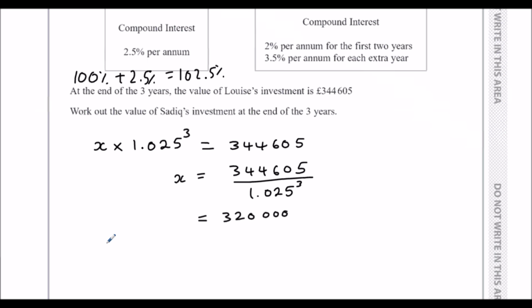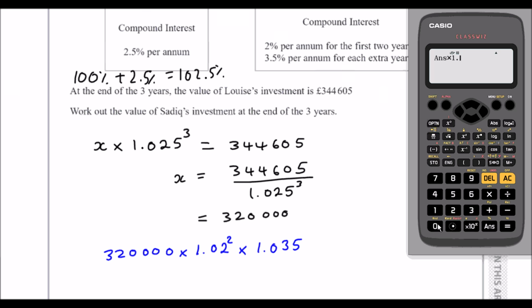So Sadiq started with 320,000 pounds. He got 2% per annum for the first 2 years. So times 1.02 for 2 years, and then 3.5% for the extra year. So 1.035 for 1 year, so just once.